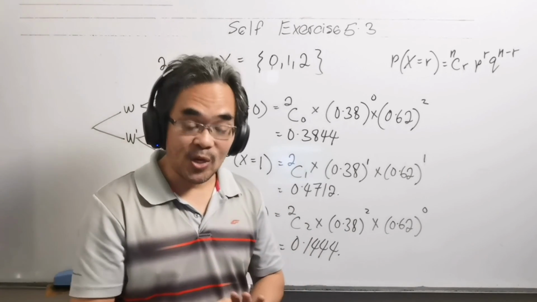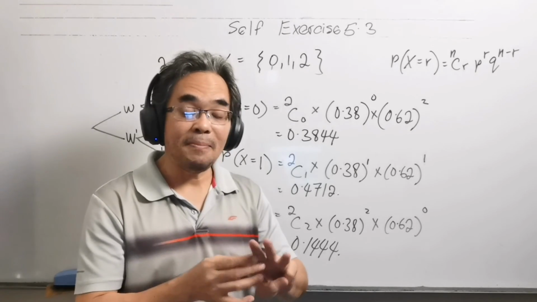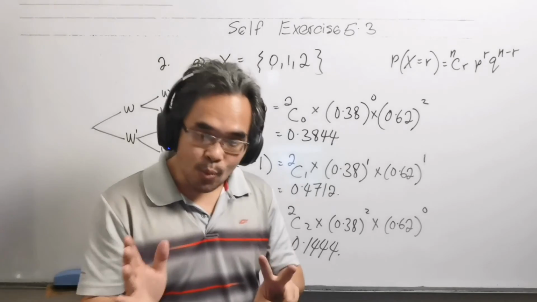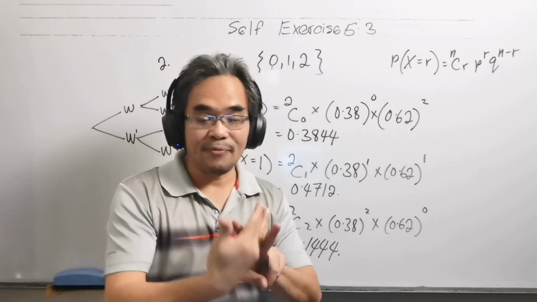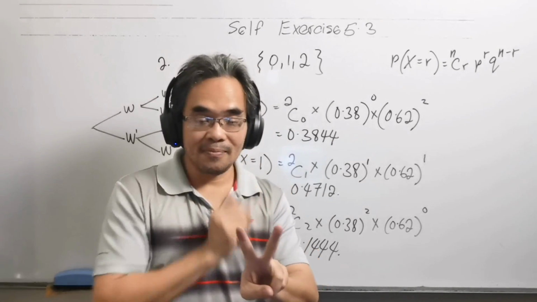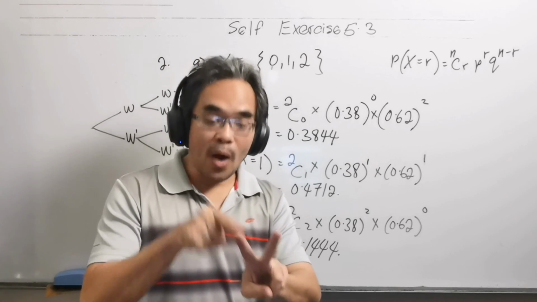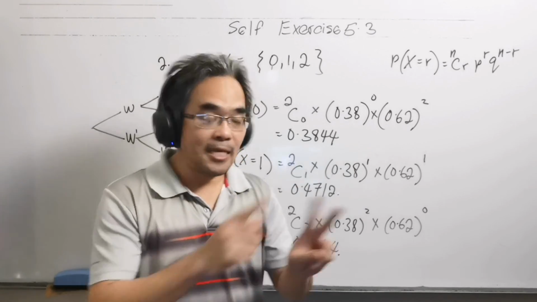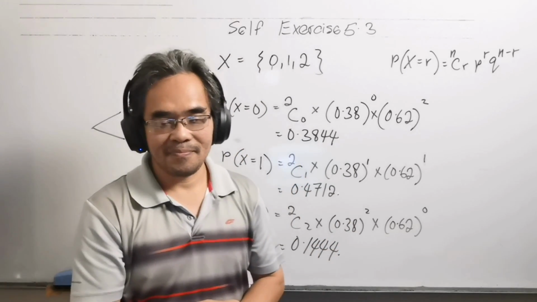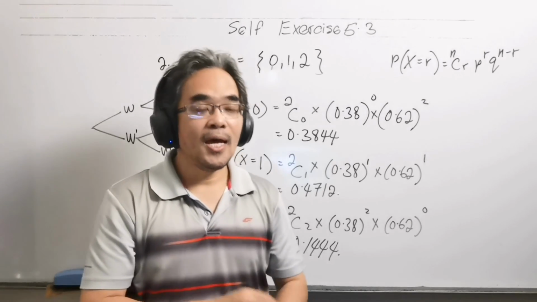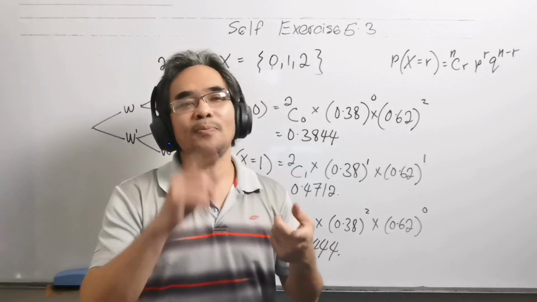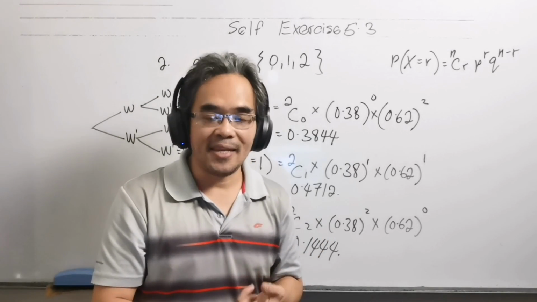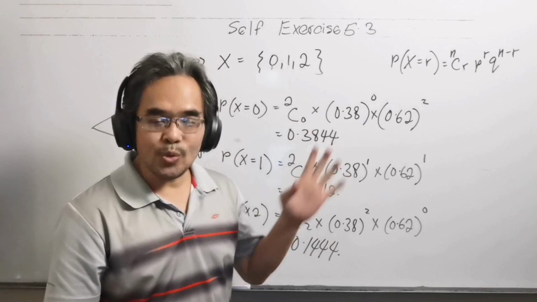Because this is binomial. So it is only limited to, let's say, white and non-white, no problem. That is 2 different outcomes. Whether the non-white is green or whatsoever, if it is not important, then it is possible to use this formula. But if they want, what is the probability of getting a green car? What is the probability of getting a red car? What is the probability of getting a blue car? Then the only way is to use the tree diagram.